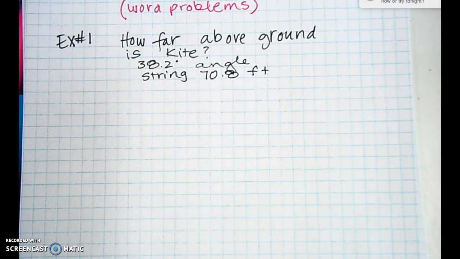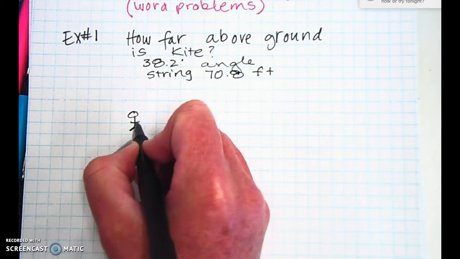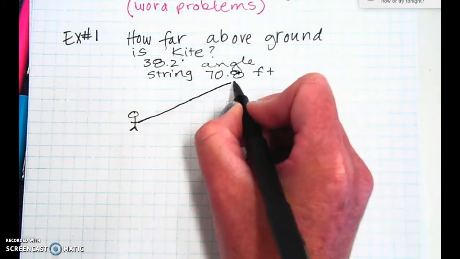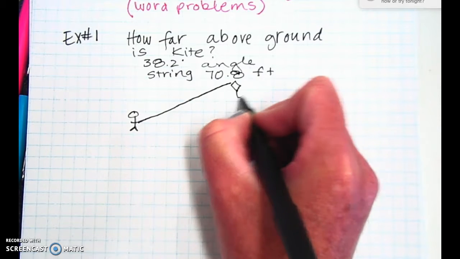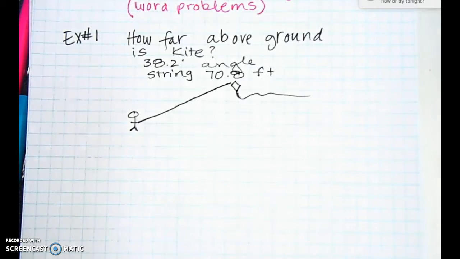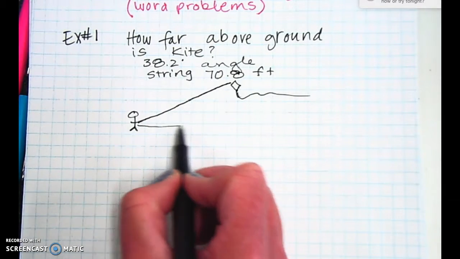Okay, so think of your person standing right here. Here's your person, and they've got this kite in their hand, right? Going up, and then your kite's up here. Here's your kite. Here's the little tail for the kite. And that creates a right triangle, right?